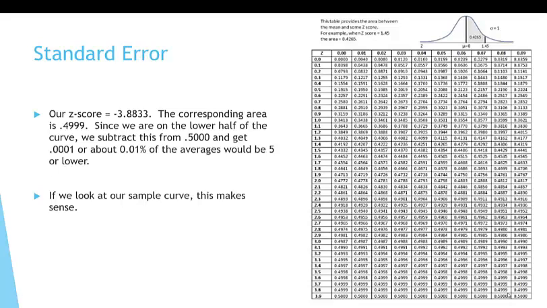Since we're on the lower half of the curve, you could subtract this from 0.5000, or you could add 0.5000 to it and see what part of the curve is above us. But what this is telling us is that we have a 0.01% chance of ever actually drawing a 5 out of our sample. And that's true. We know that to be true because we don't have the possibility of doing that.